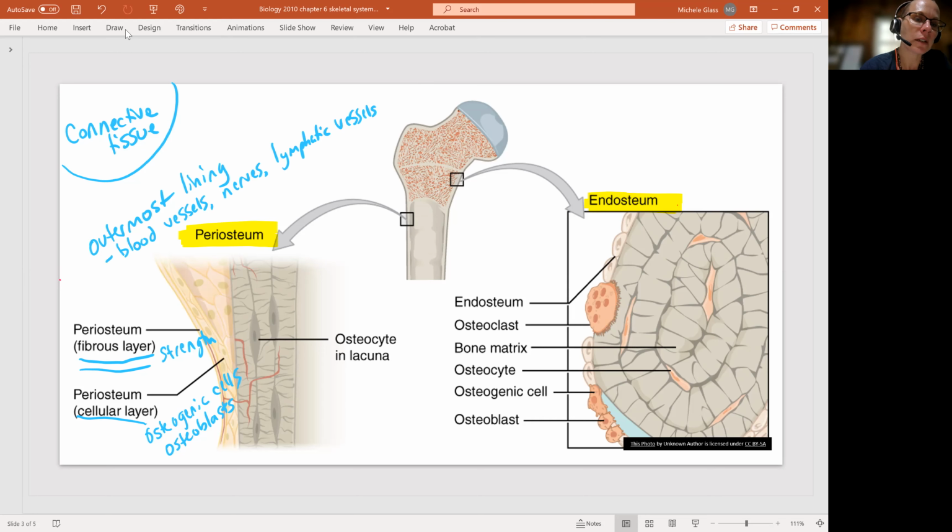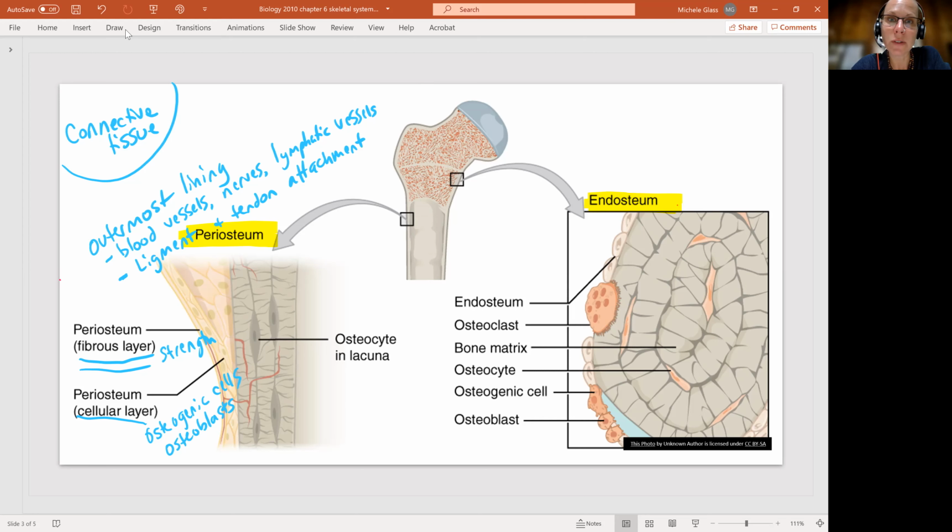The other significance of the periosteum is that this is where you're going to have ligament and tendon attachment. So ligaments, we will see, connect bone to bone, and as such, a ligament is part of the skeletal system.